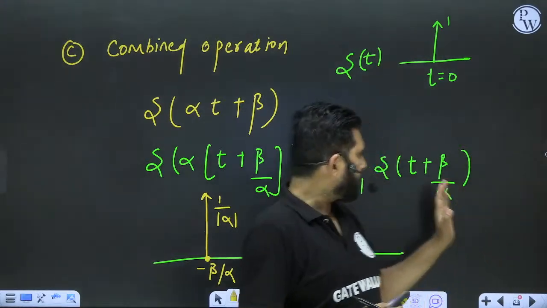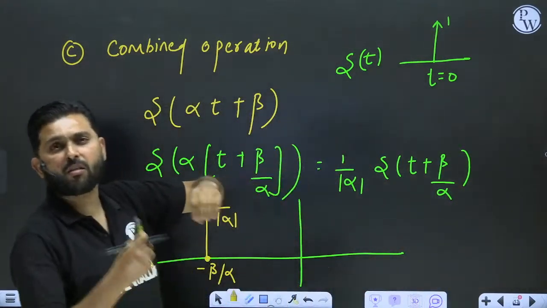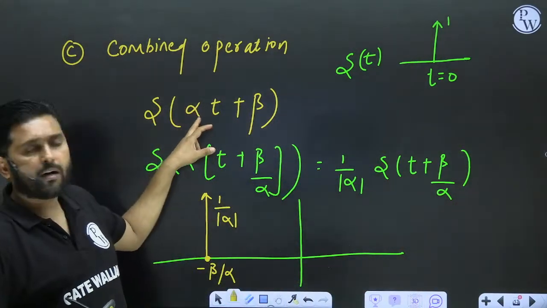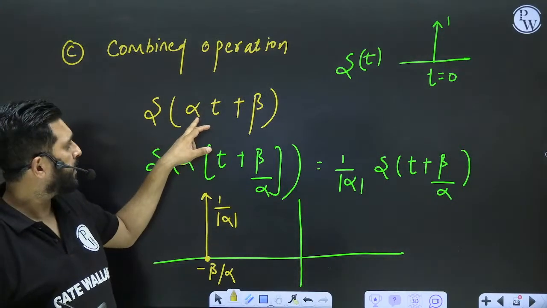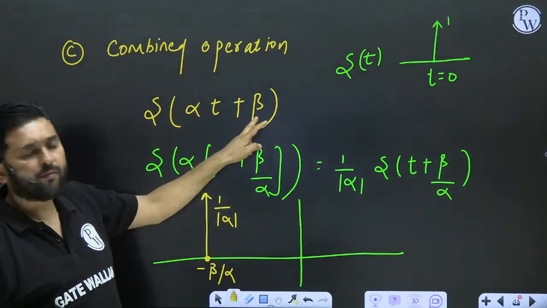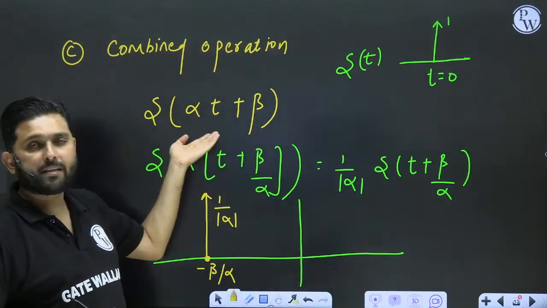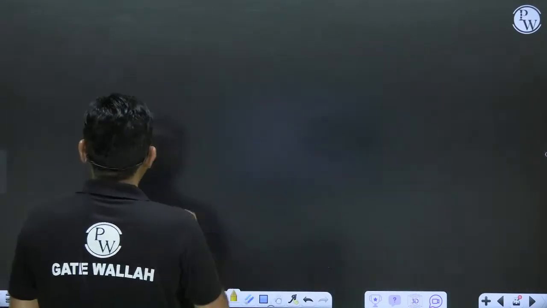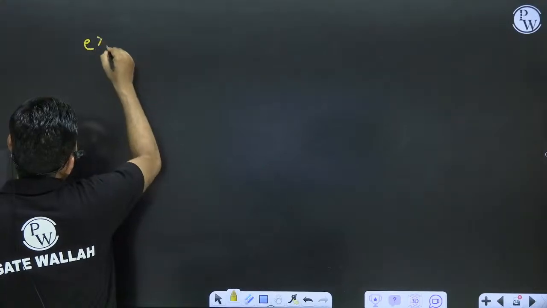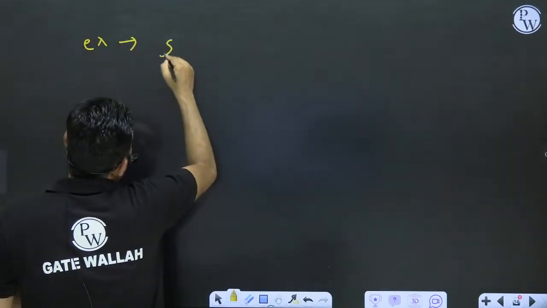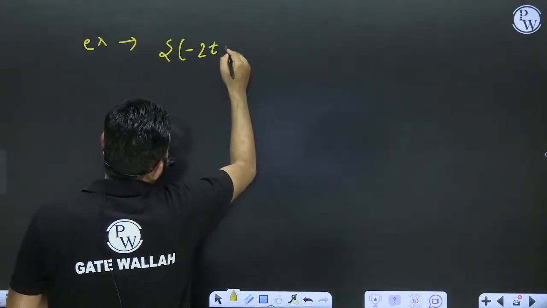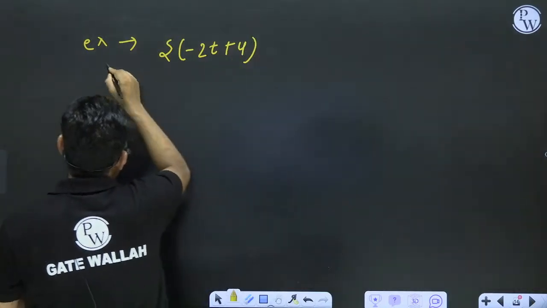So for a shifted impulse function, we have an impulse, a scaling factor, and a shifting factor, which may be negative. Let's take an example. Suppose I have delta of minus 2t plus 4, and we want to plot it.